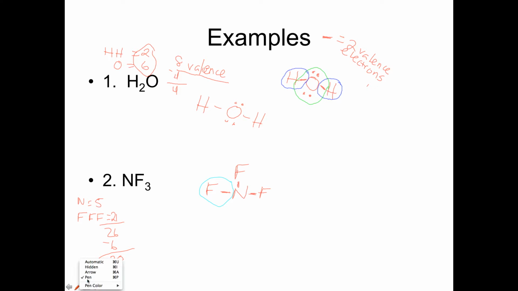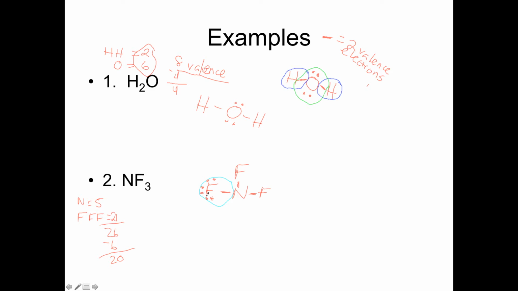So it needs 6 more dots. So I'm going to go 1, 2, 3, 4, 5, 6. That gives me a grand total of 2, 4, 6, 8 dots around that fluorine, 2 of the dots again being represented with those lines.